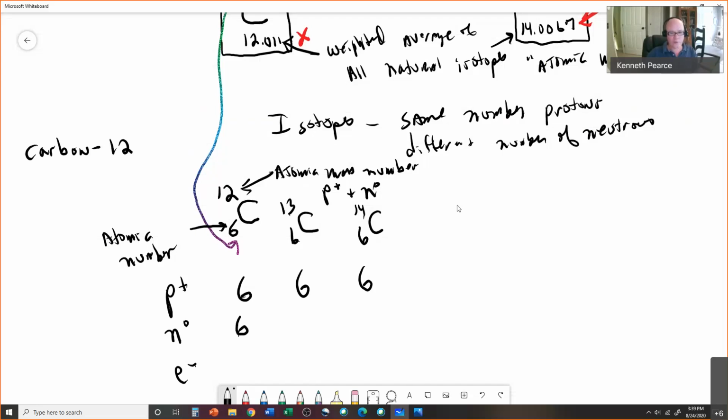And so if we subtract 6 from 13, we get 7 neutrons for carbon 13. If we subtract 6 from 14, we get 8 neutrons for carbon 14. And so we can always find the number of neutrons by subtracting: the mass number minus the atomic number.